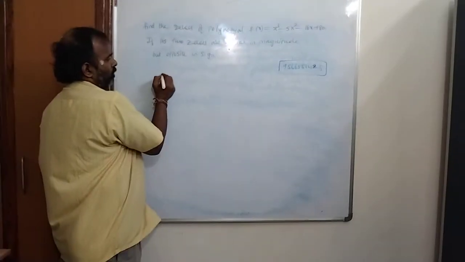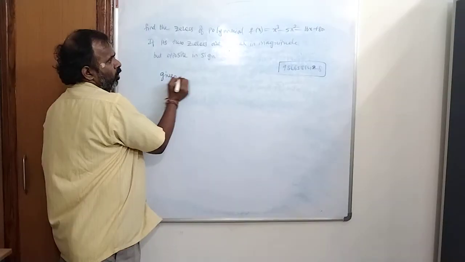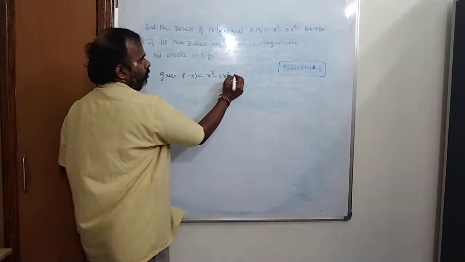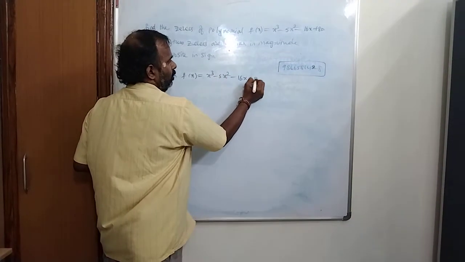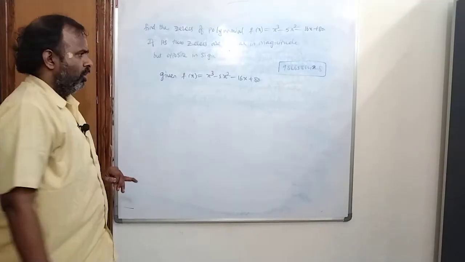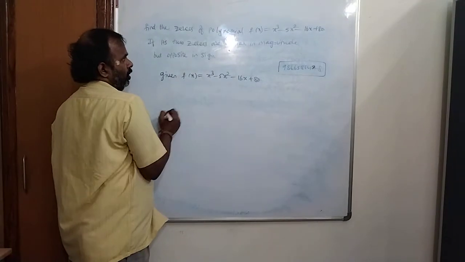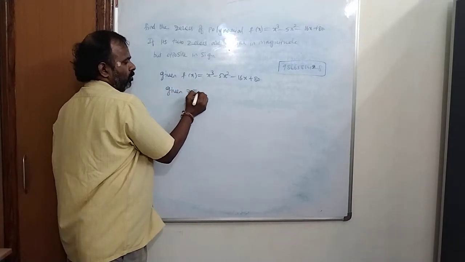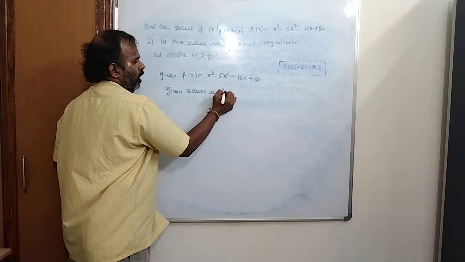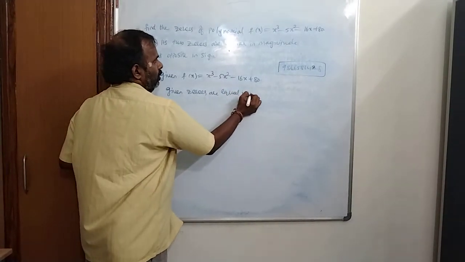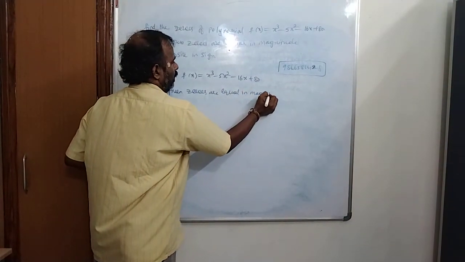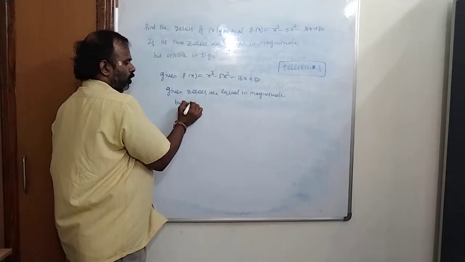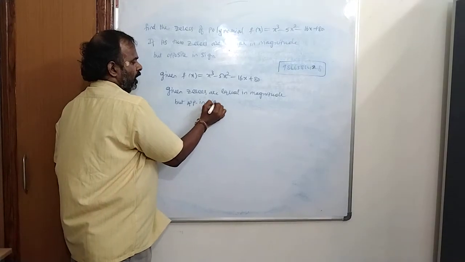So now first, given f of x is equals to x cube minus 5x square minus 16x plus 80. So here given zeros are equal in magnitude, magnitude means value, but opposite in sign.